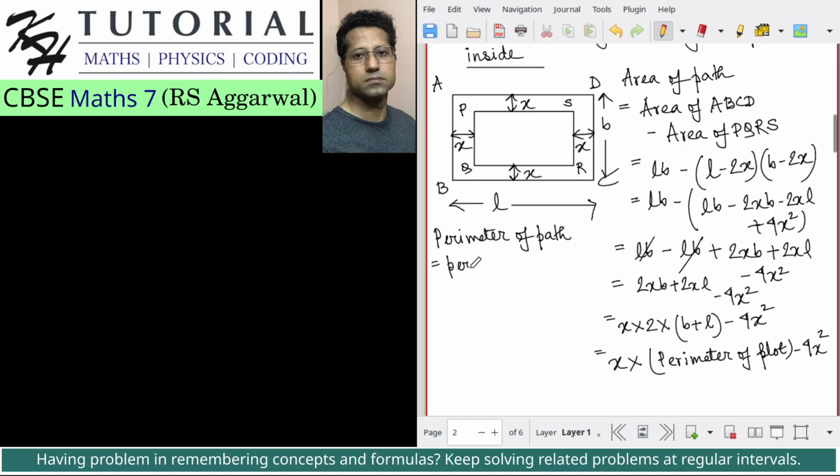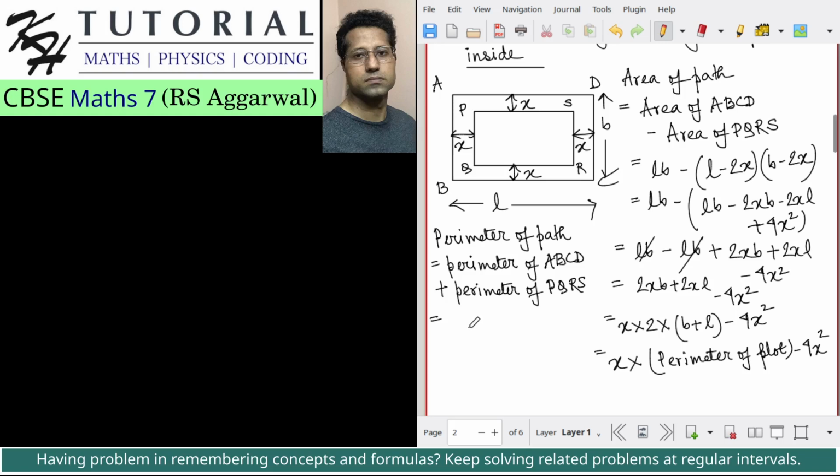So it will be the perimeter of ABCD plus the perimeter of the inner boundary of the path, which is the perimeter of the rectangle PQRS.